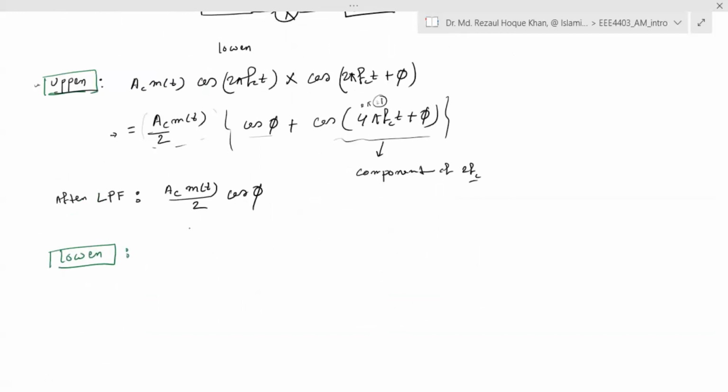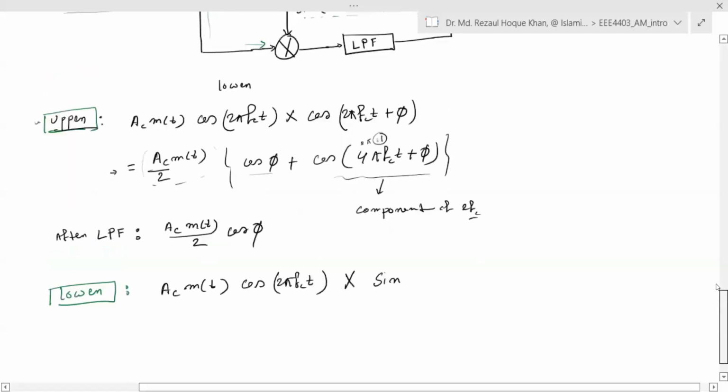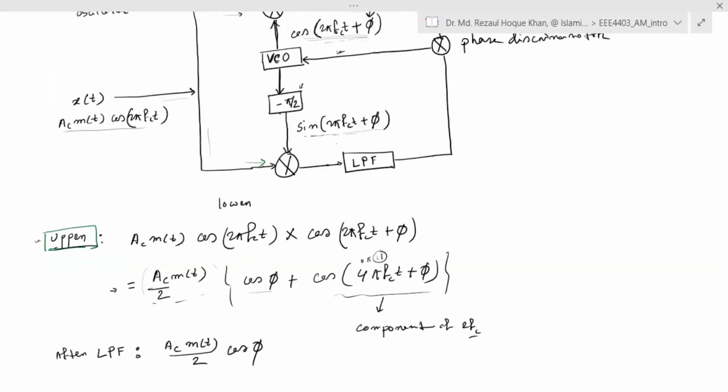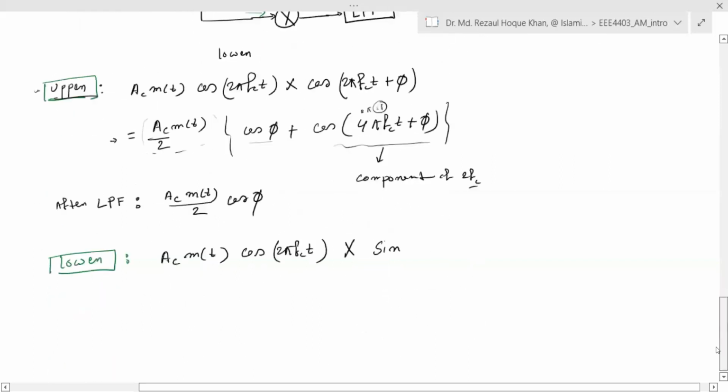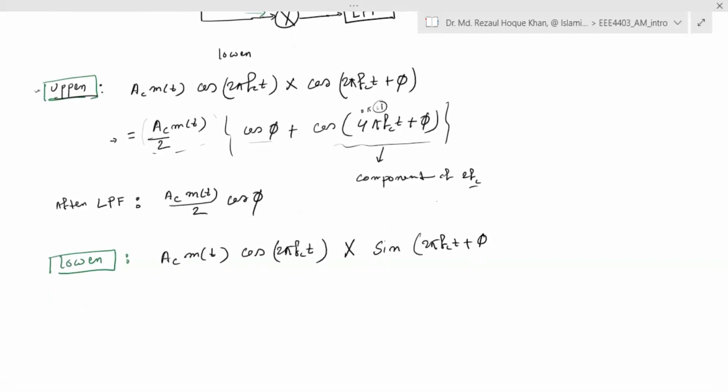So the signal becomes A_c m(t) cos 2 pi f_c t, which is our incoming signal. This time it will be multiplied by the sine, sin(2 pi f_c t plus phi).